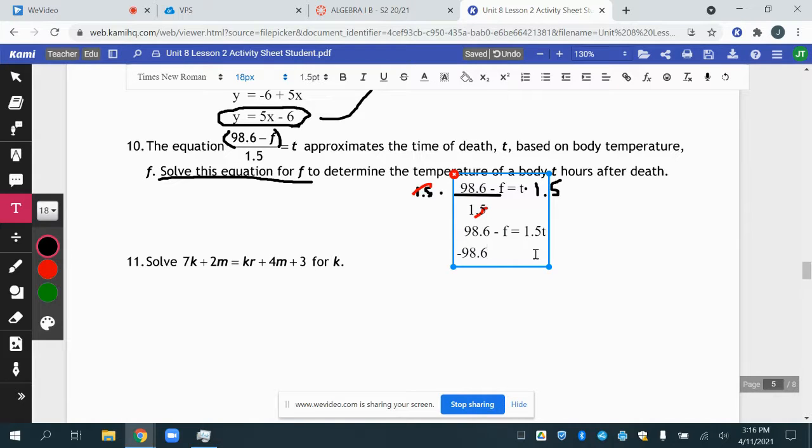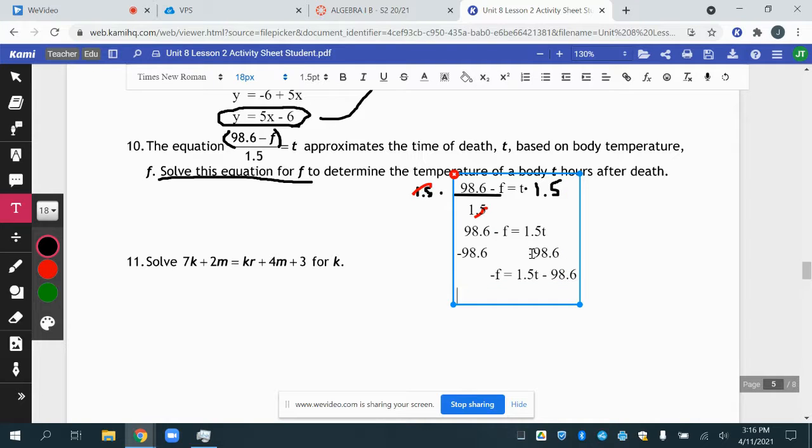I'm going to subtract it over here as well. Minus 98.6. That's going to leave me with nothing but a negative in front of the F and the F itself. Negative F equals 1.5T minus 98.6.